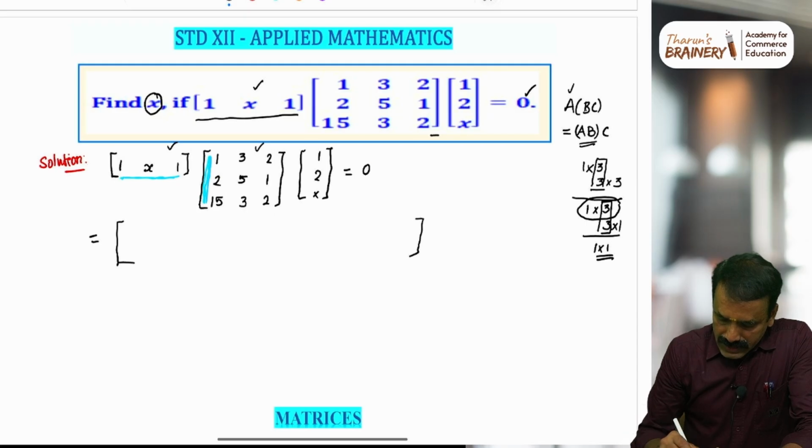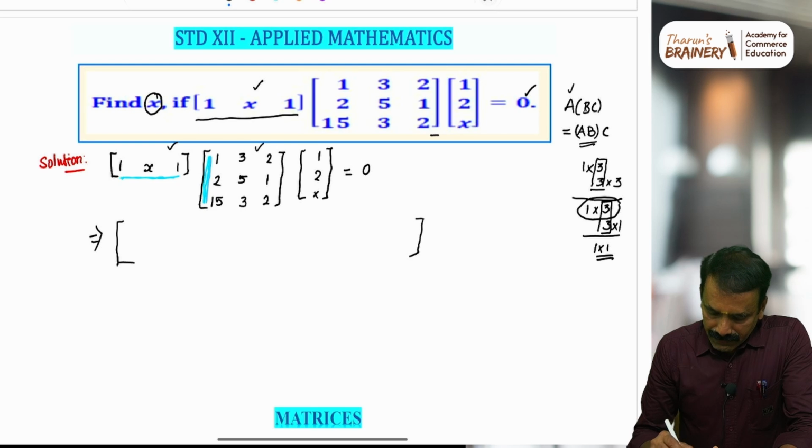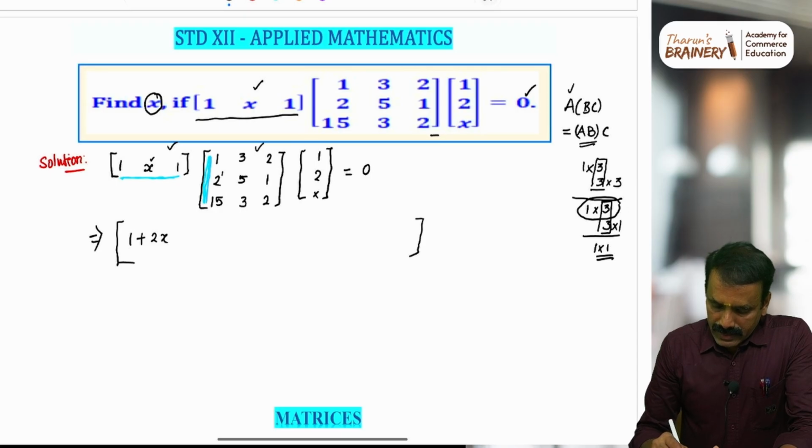This is equal to 0, it is given. So we start multiplying. First element with the first element, 1 into 1, 1. Second element with the second element, x into 2, it is going to be 2x. Then third element with the third element, 1 into 15, 15.